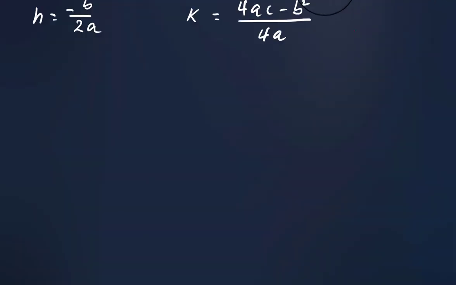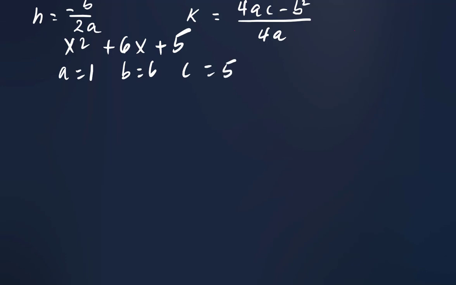Now let's get a function here. We are going to take x squared plus 6x plus 5. We can clearly say that we have 1x squared, so a is equal to 1, b is equal to 6, and c is equal to 5.